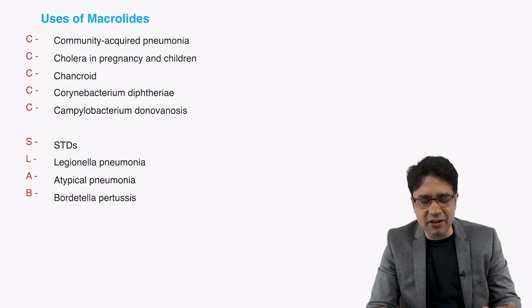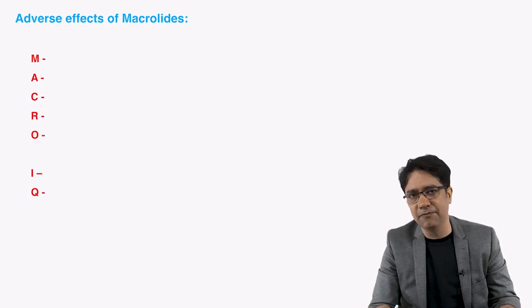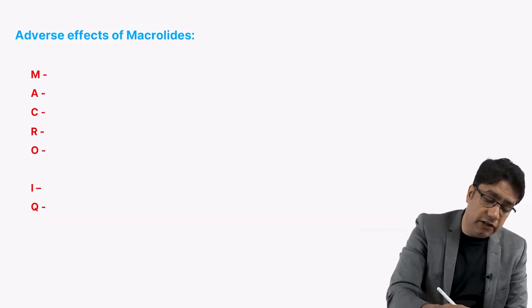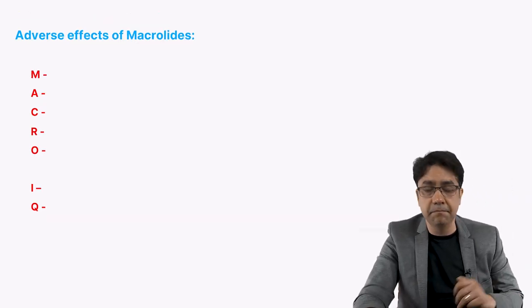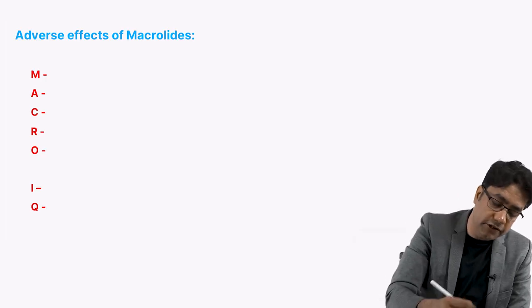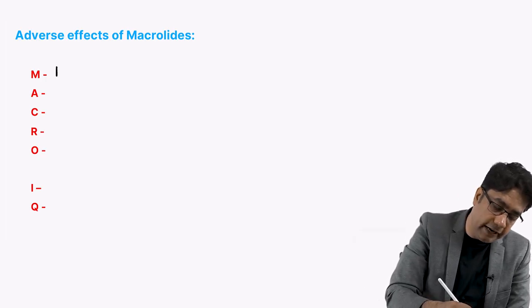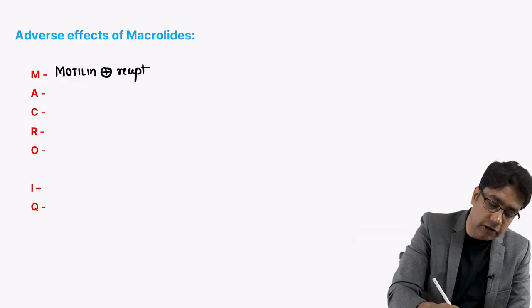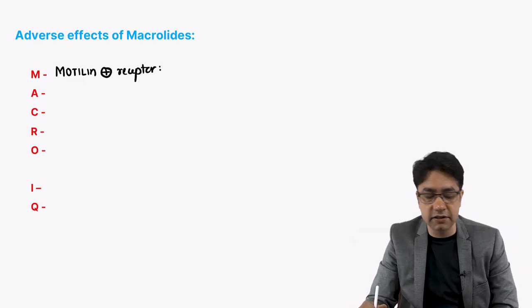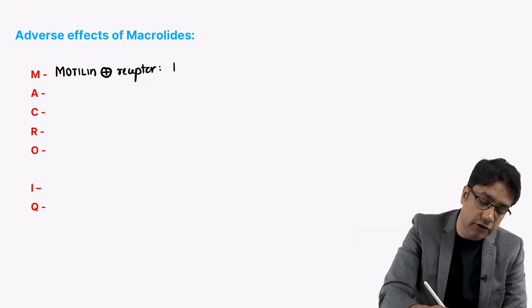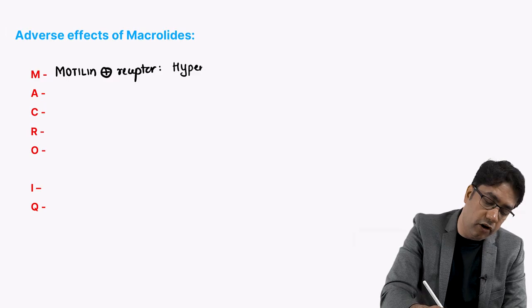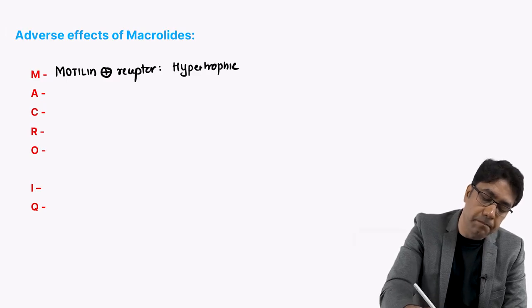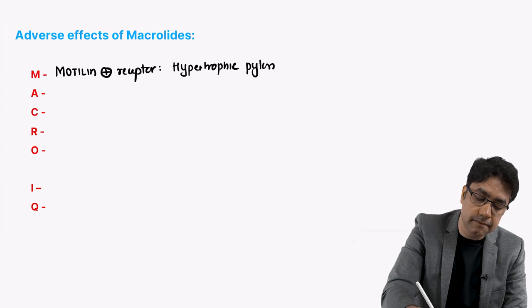So let's first talk about the adverse effects of macrolides. Remember a mnemonic, MACRO IQ. First, M stands for they stimulate motilin receptors in the GIT. Because they stimulate motilin receptors in the GIT, they produce a side effect of hypertrophic pyloric stenosis.